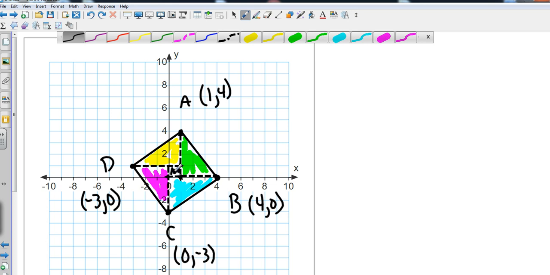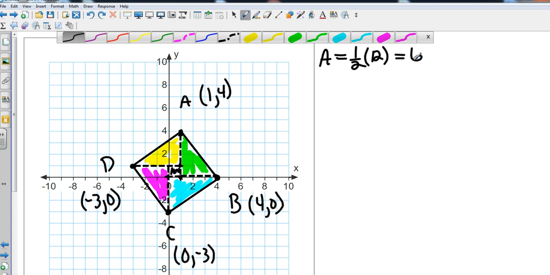So I'm going to look at the yellow triangle, and I can see that it has a height, 1, 2, 3, of 4, and a base of 3. So that area is going to be 1/2 of 4 times 3, which is 12, giving me 6. So that one is done. The next one should be the same thing.